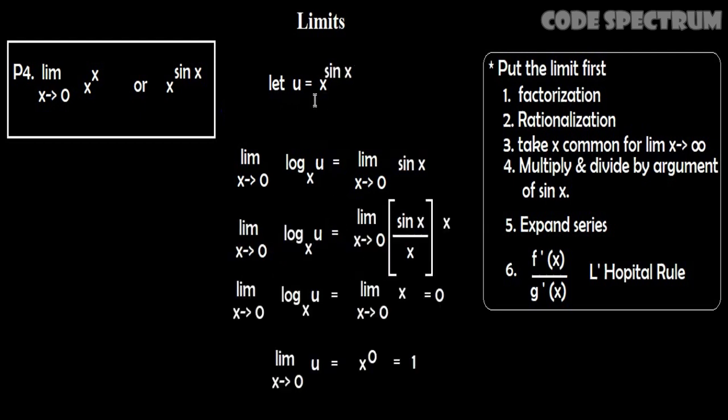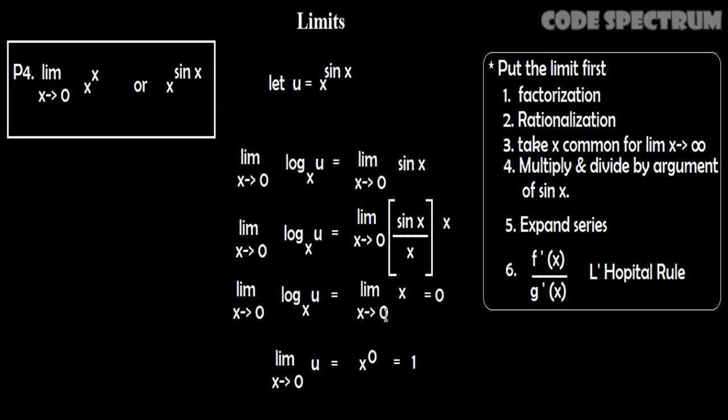And let's take the second problem. We will let u equals to x to the power sine x as we had done in the earlier case, and we will take the log on both sides with the base of x, and also we will put the limit x equals to 0 on both sides. On the right side, we will multiply by x and also divide by x, so the resultant will be the same. If you notice, the limit x tends to 0 of sine x divided by x is converging to 1, and we will be left with x.